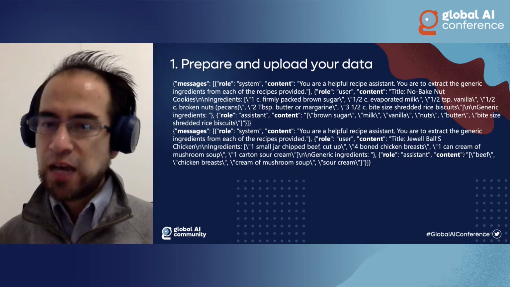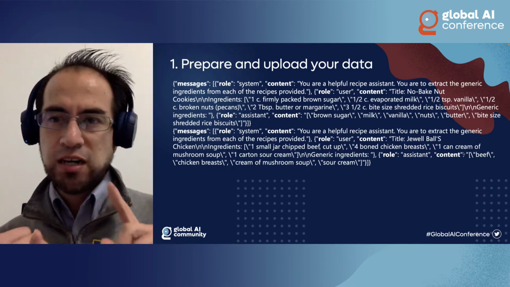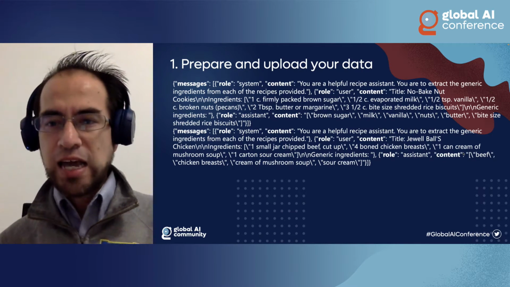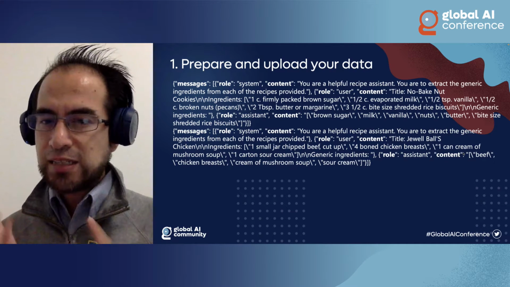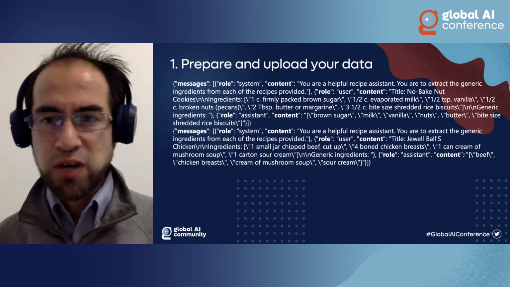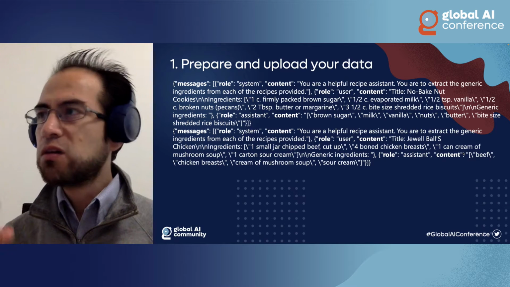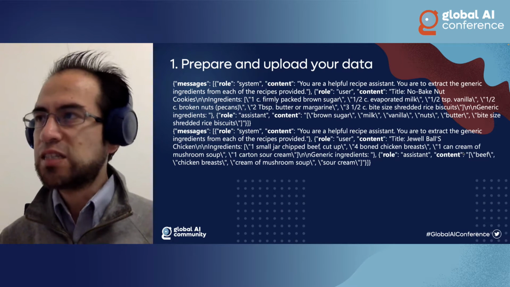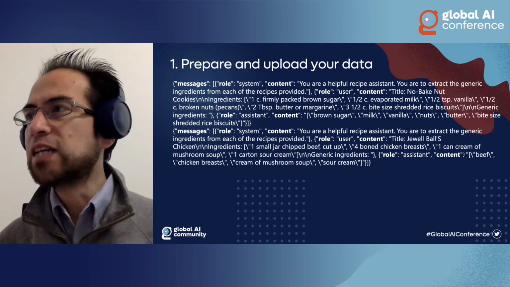In fine-tuning, every training example generally consists of 3 elements: the behavior, the input, and the output. And you bring this through system, user, and assistant roles. If you have worked with the API, you might be familiar with the role and content pairs for one of the messages, right?